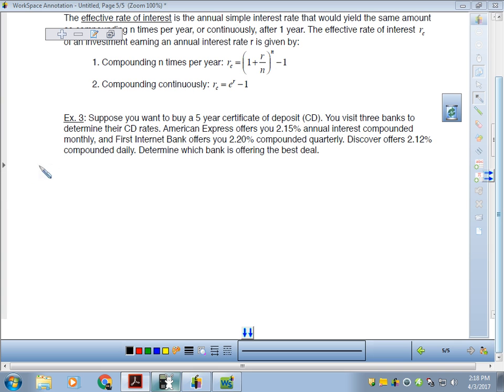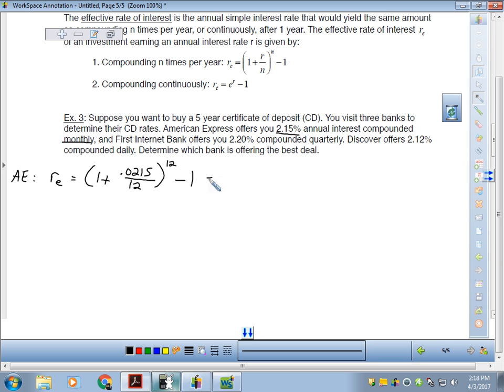We're going to start with American Express. They are 2.15% compounded monthly. So we're going to use this formula. R sub e equals 1 plus, the interest rate is 0.0215 over n, because this is monthly, that would be 12. And then that gets raised to the 12th power because that's n up there as well.